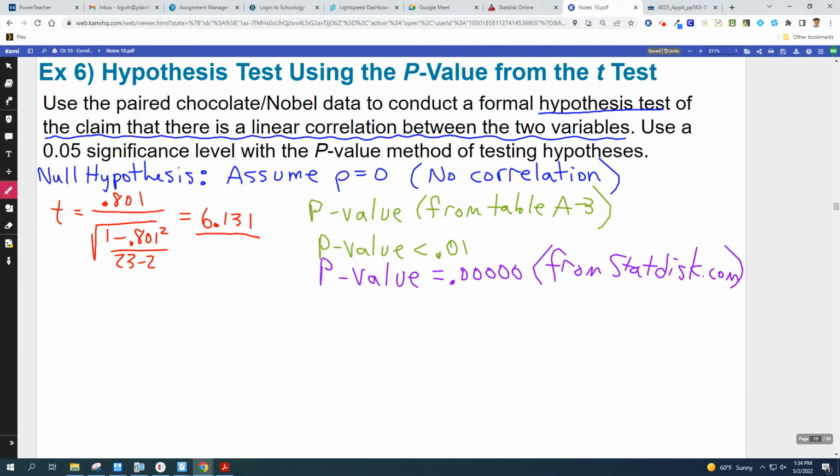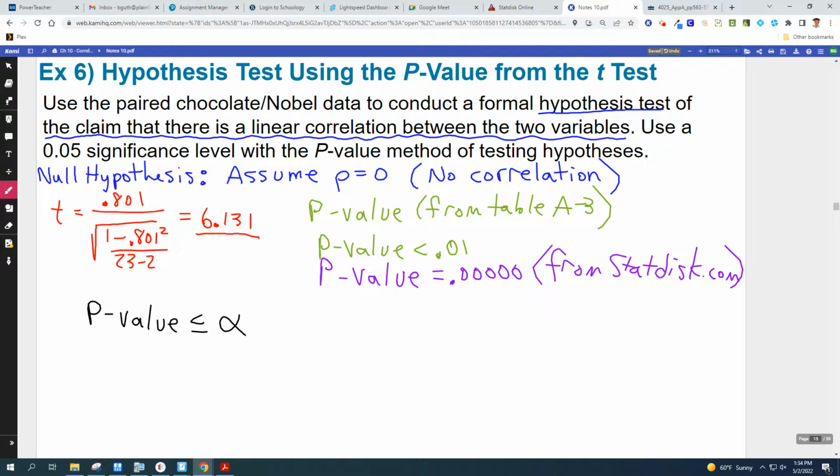So earlier, we had some test that said if the p-value is less than or equal to alpha, that supports the claim of linear correlation.